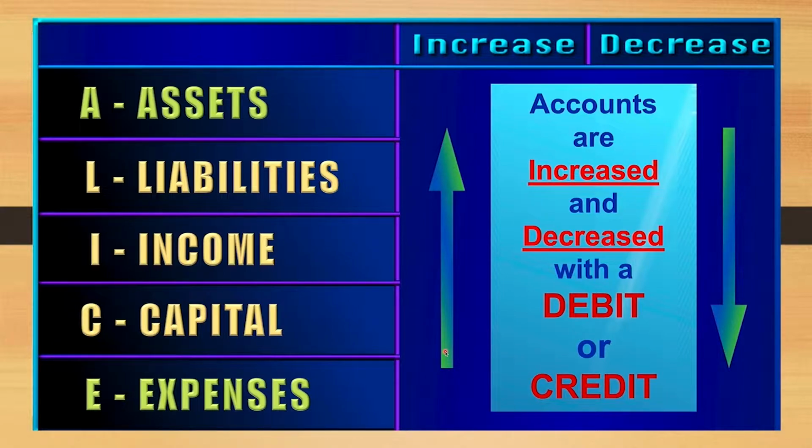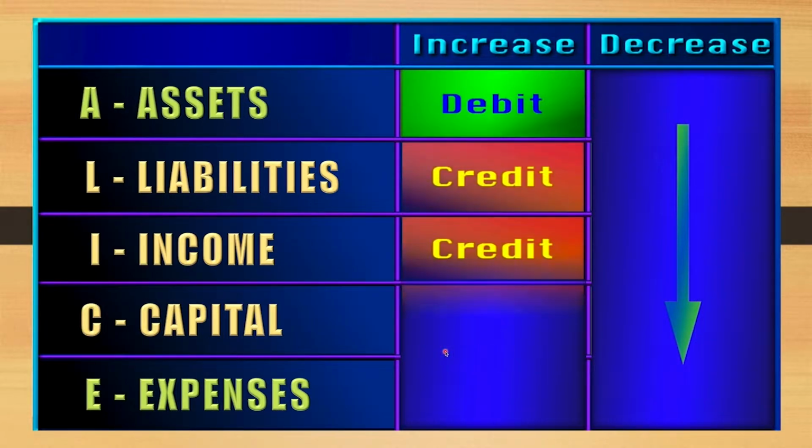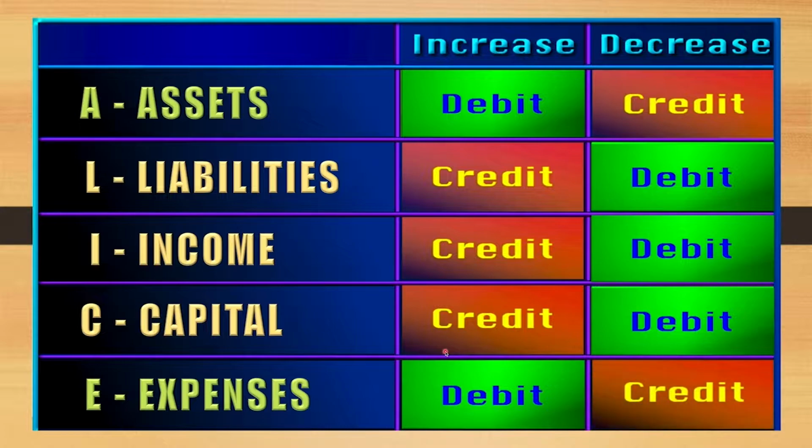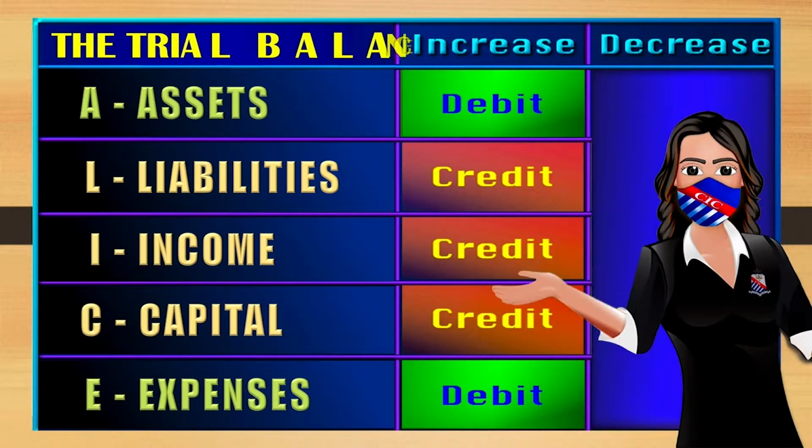So remember our rules. How do we know what we debit and what we credit? Based on the double entry rules, your assets and your expenses are debited, and the liabilities, income, capital are credited, and the opposite side for the decrease. For your trial balance, you only look at the increase column.